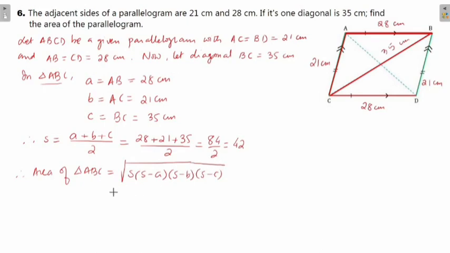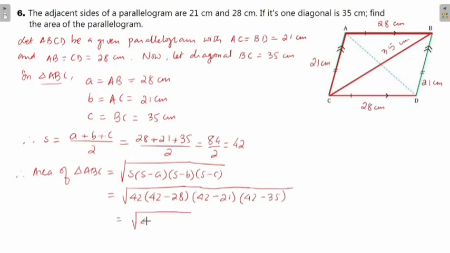Let me put the values here. s is 42, so 42 into 42 minus a, a is 28. Next, 42 minus b, b is 21. And next, 42 minus c, c is 35. When you evaluate this, this turns out to be 42.